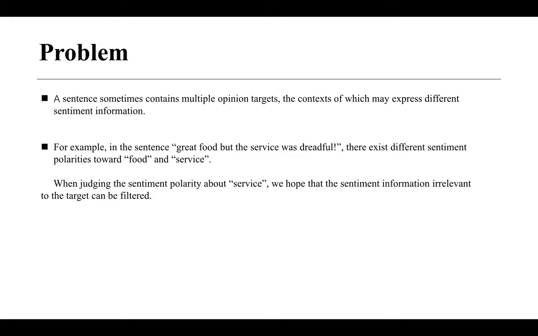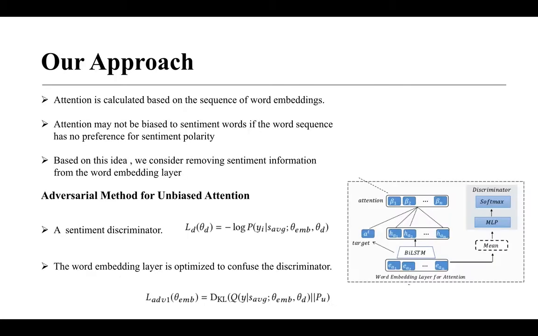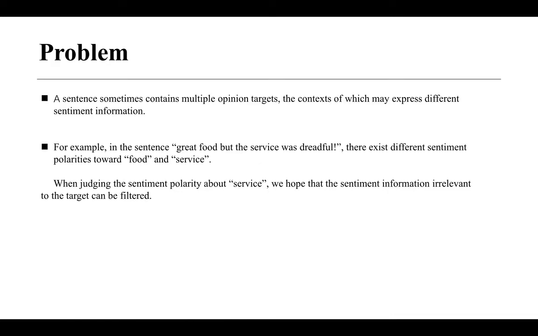For example, in the sentence, "Great food, but the service was dreadful," there are different sentiment polarities toward food and service. When judging the sentiment polarity about service, we hope that the sentiment information irrelevant to the target can be filtered.